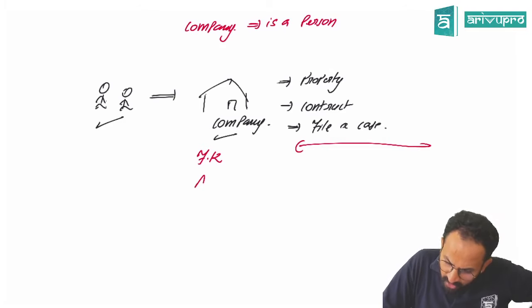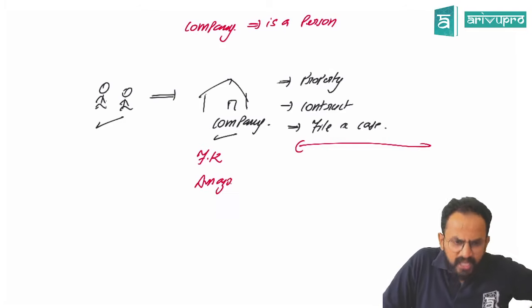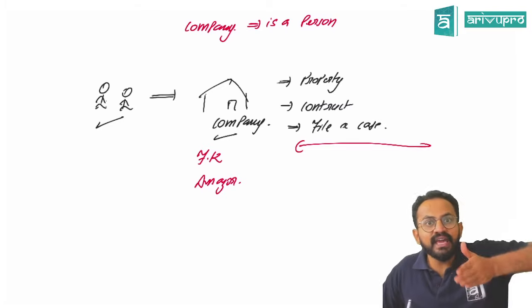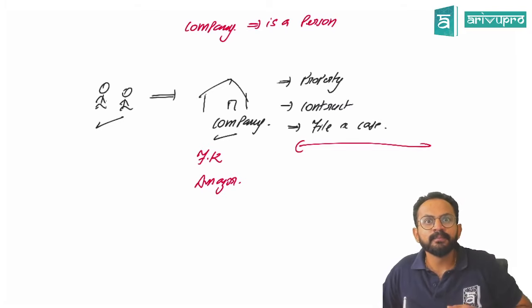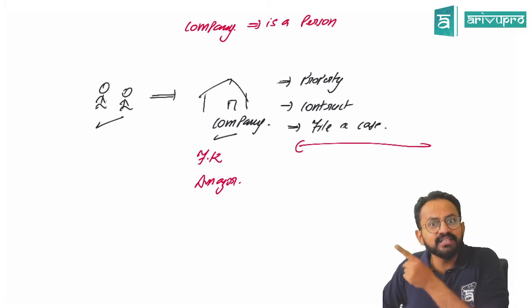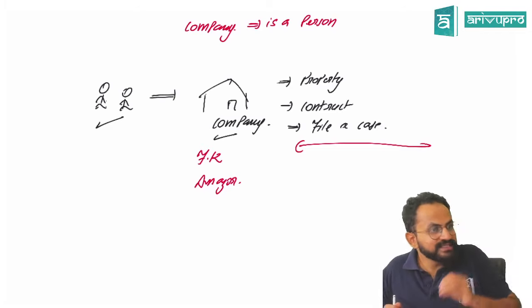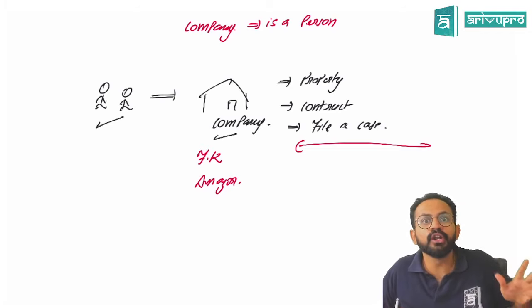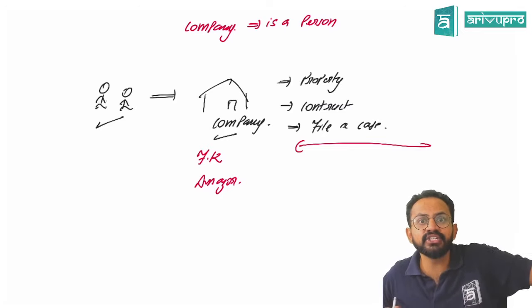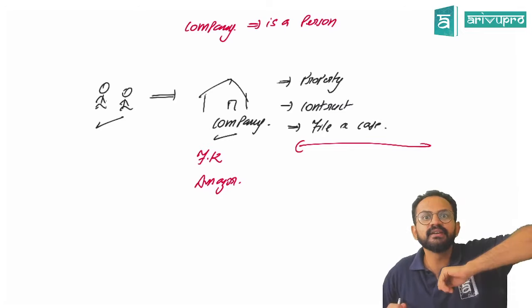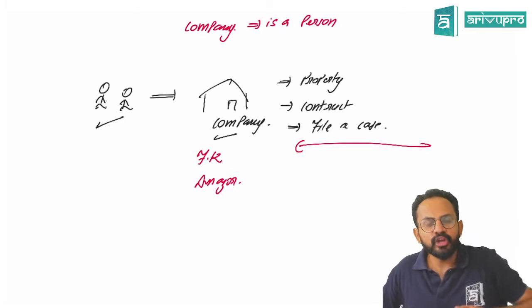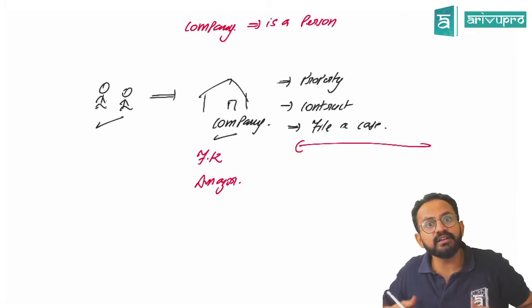You write it for Amazon. You will not file a case against the shareholders. You will file a case against the company. Why? Once it is started, it is on its own. It has a recognition. It has an existence. It lives. That is only called separate legal entity.